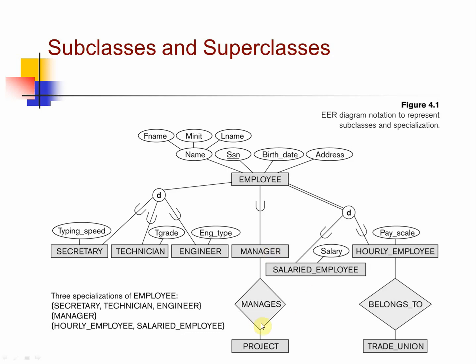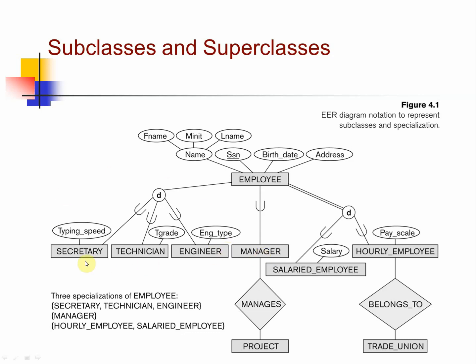they can have their own relationships. So you can see that managers are able to manage some projects. Only the managers manage the project. If you are a basic employee who is not a manager, then you don't manage projects. So once we separate this out, this relationship only applies to the manager subcategory.